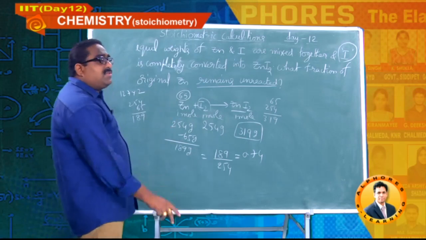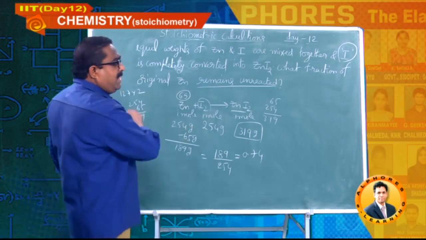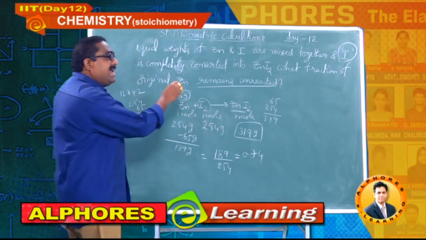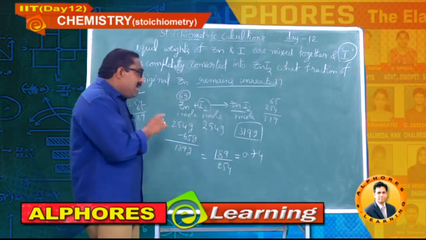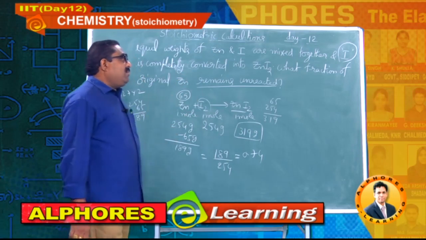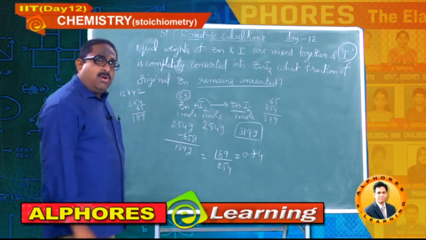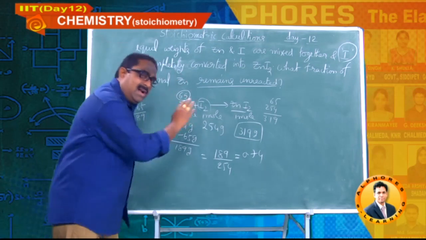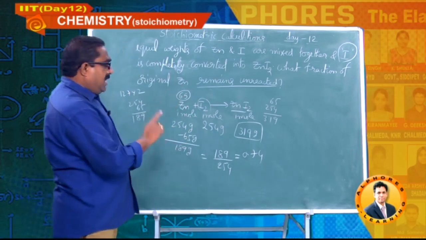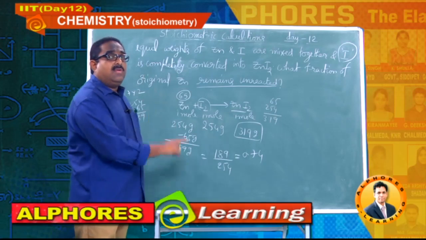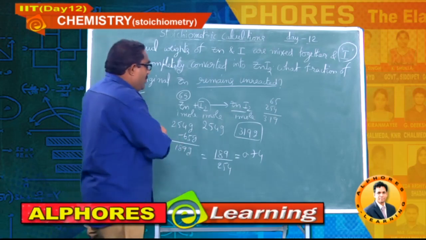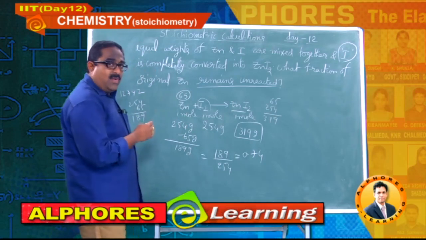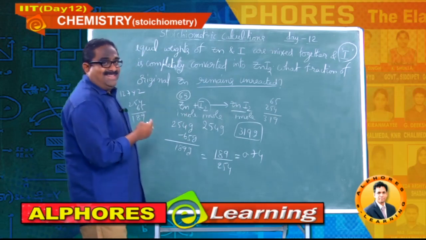But for the sake of a simple calculation approach, I have taken 254, 254 in equal amounts. After observing this video, you sit with a notebook and check whether with 65, or 1, 1, or 100, 100, you will get the same fraction. So no doubt at all. You please note it down, students. Then I will go for the next question.